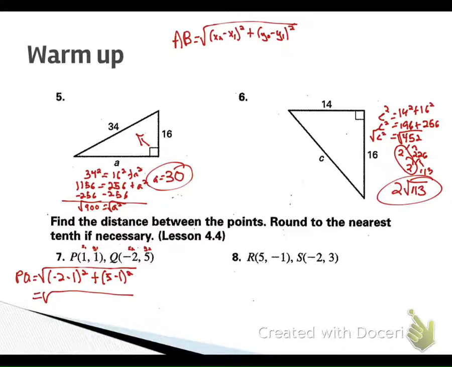We end up with the square root of negative 2 minus 1. Negative 3. Negative 3 squared is 9. So two negatives make a positive, so it becomes 9. 5 minus 1 is 4. 4 squared is?